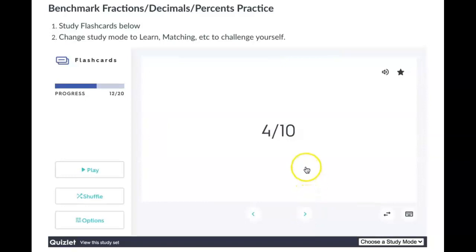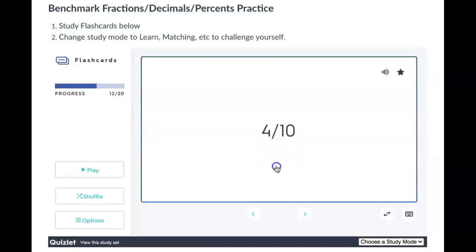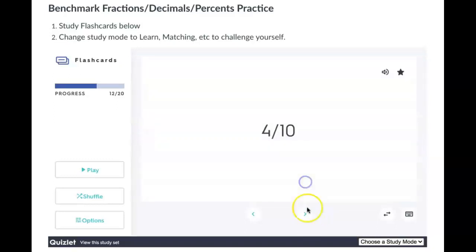What about 4/10? How much would that be? 40 hundredths or 40%. What about 3/10? How much is that going to be? If 1/10 was 10%, or 10 hundredths, how much would 3 be? 30 hundredths or 30%.